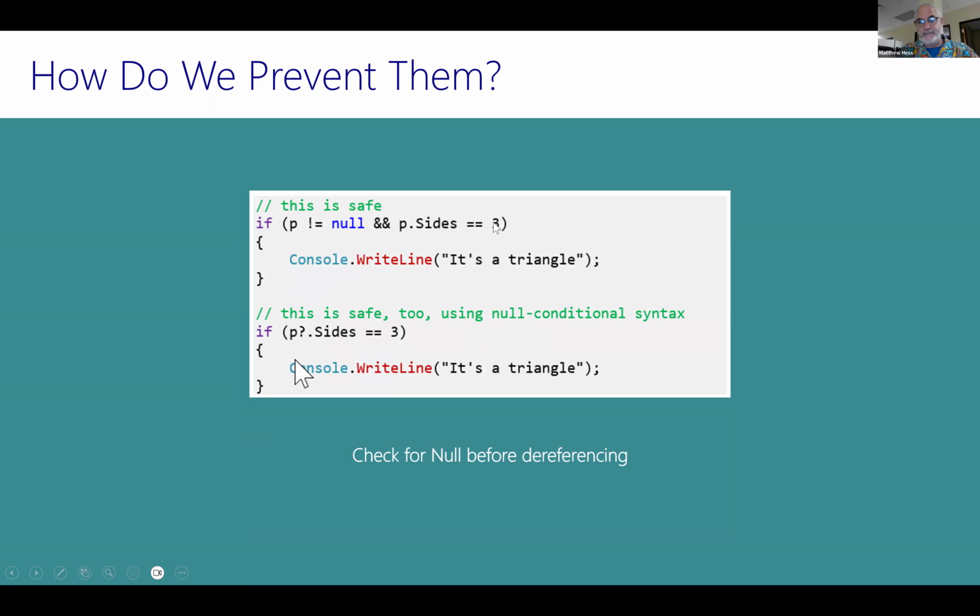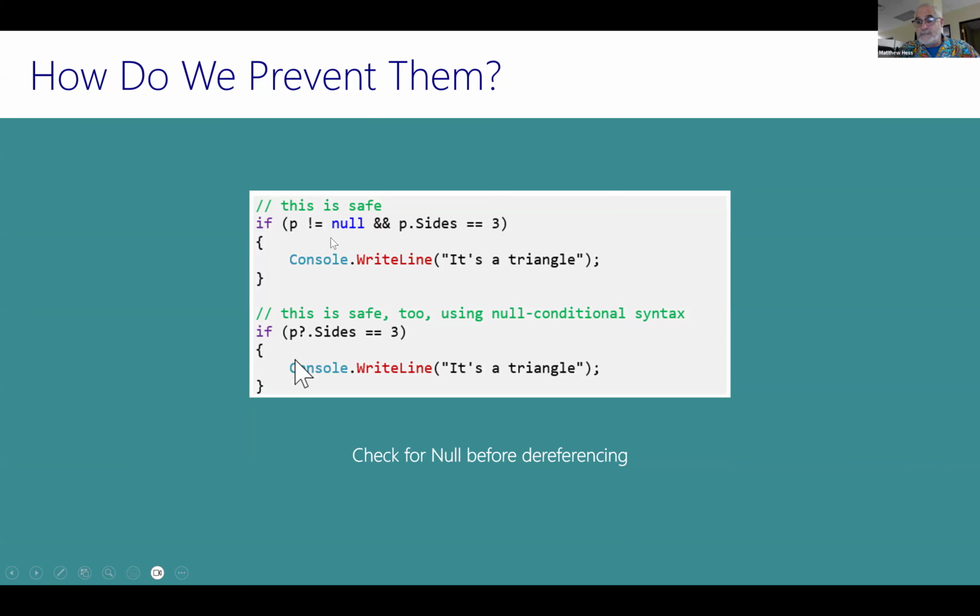C# Booleans are short circuiting, which means if p is null, it's not going to evaluate the right side. So this is perfectly safe. You just have a guard condition. You check for your nulls, and now your code is null safe. This is a newer syntax using null conditional.